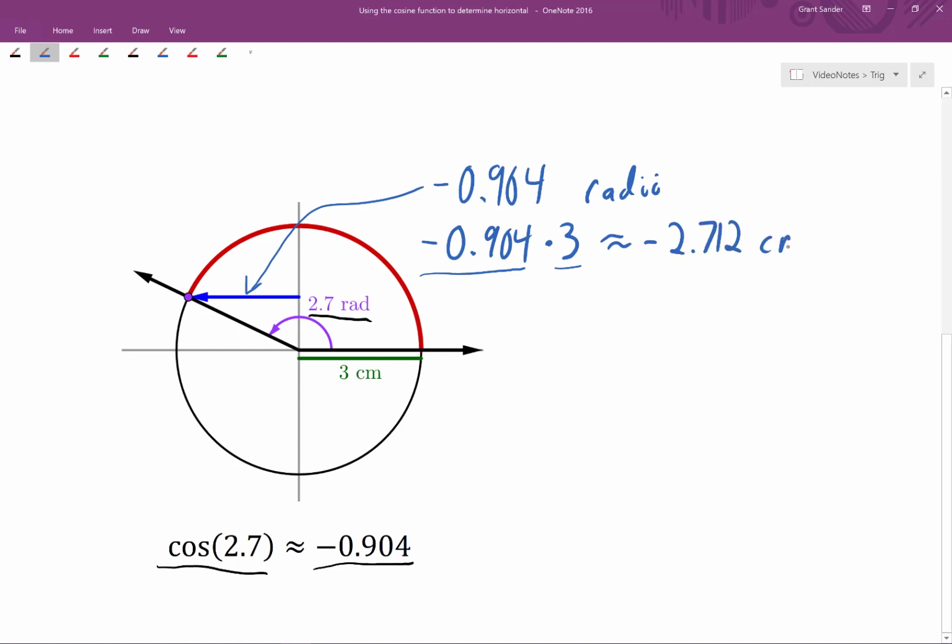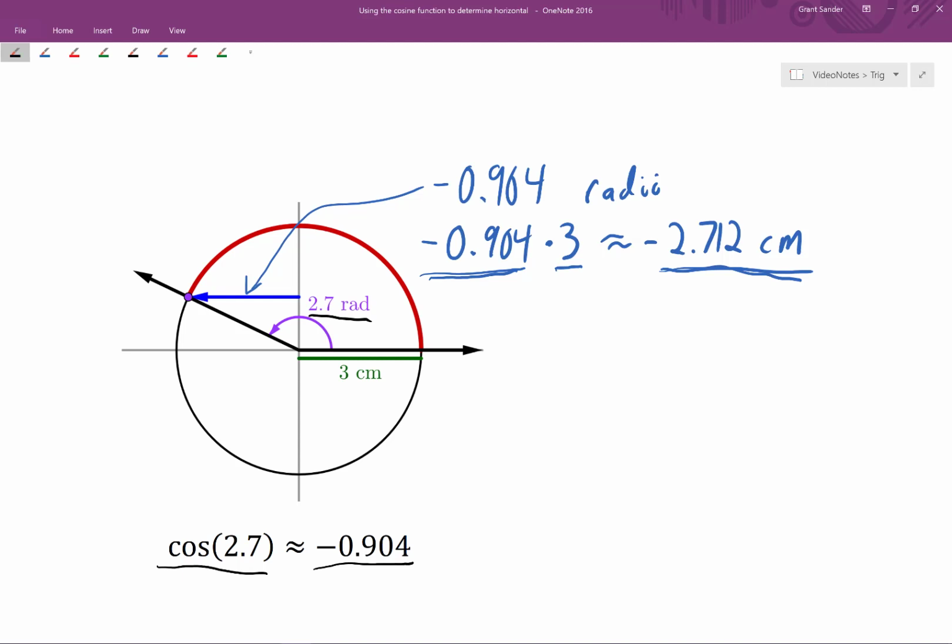So this is a number of centimeters. If you take the number of radius lengths times the actual length of the radius, that'll tell you that distance, but measured in the unit that the radius is measured in. And therefore, that terminal point is actually about negative 2.712 centimeters to the right of the center of the circle.